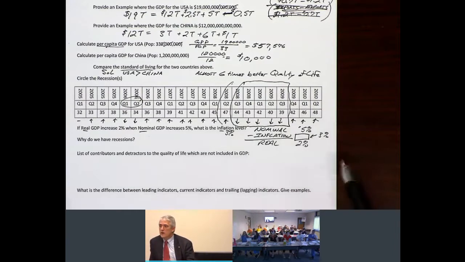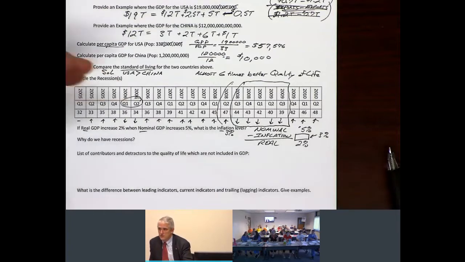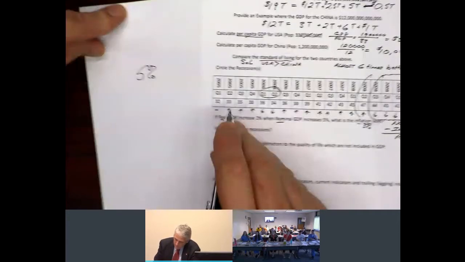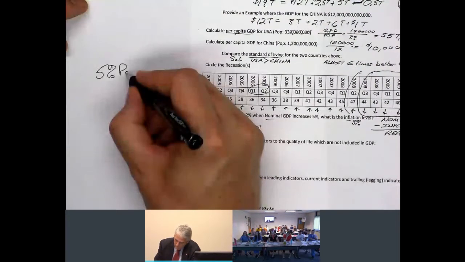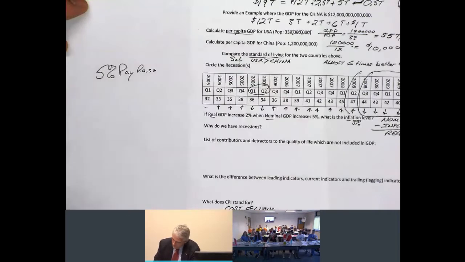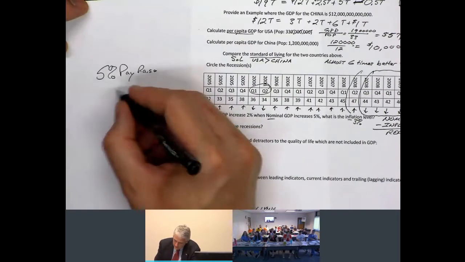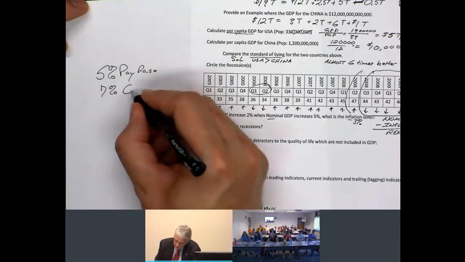Let's say that you get a pay raise this year of 5%, but the cost of living, inflation, has gone up by 7%. So I'll give you those numbers again. You got a 5% pay raise, but there was a 7% CPI, cost of living.